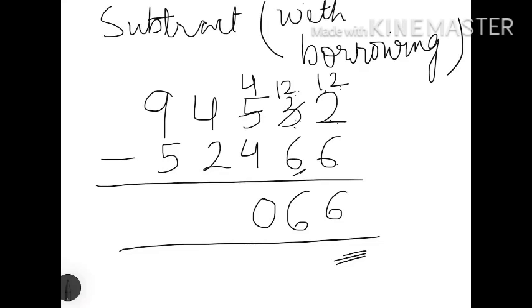There is no need for this to borrow anything because 4 and 4 are equal. If it was less, then it could have borrowed. This 4 has not given anything, so it will remain 4 only. So 4 minus 2 is 2, and 9 minus 5 is 4. So here the answer, and you can put a comma here like this, is 42,066. Alright, so this is the answer.